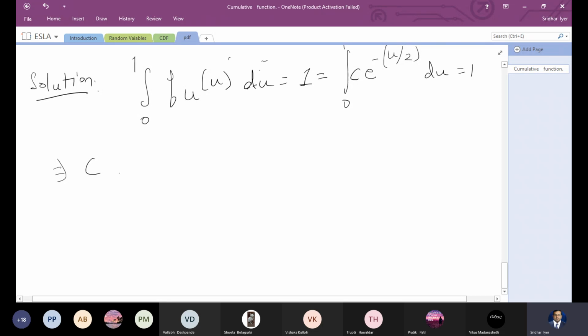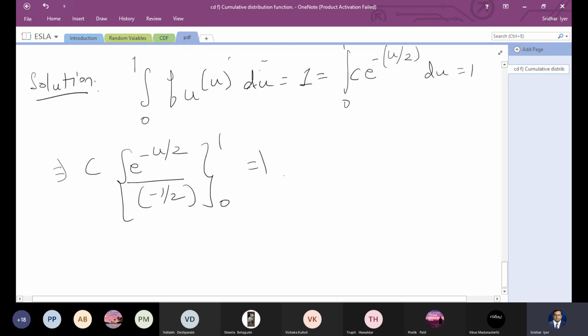And the integral of e raised to minus x dx is just going to be e raised to minus x, that is e raised to minus u by 2 divided by minus 1 by 2. And this will have a limit between 0 to 1, and this should be equal to 1.